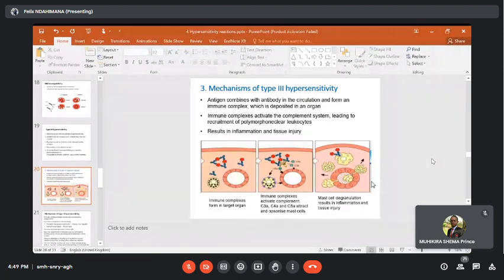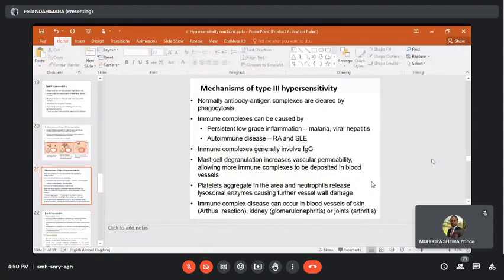They will be producing some chemicals like elastases, which are very dangerous. They have some cytotoxic properties. They cause tissue injury. And then in the mechanism, they are saying that normally an antigen-antibody reaction or complex should be cleared by phagocytosis.